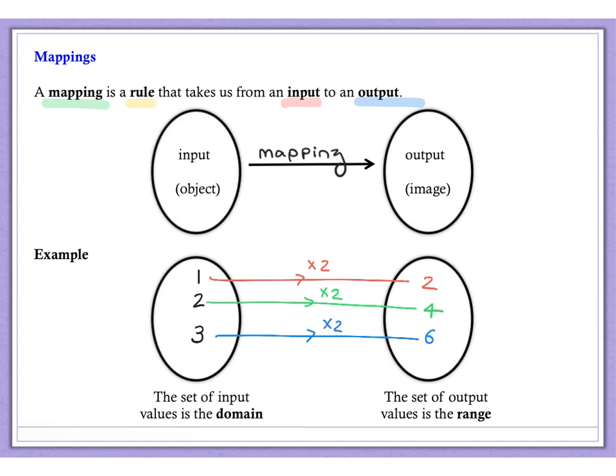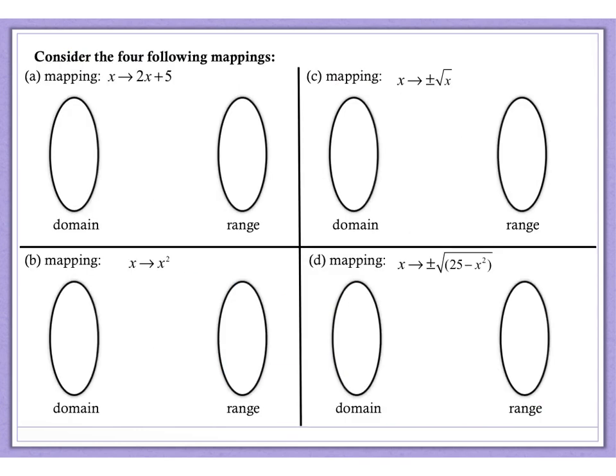If we want to generalise, we can start with x, and this is then mapped to 2x. Now, our set of input values is called the domain, and our set of output values is called the range. So for this particular example, these values here form my domain, and these values here form the range.